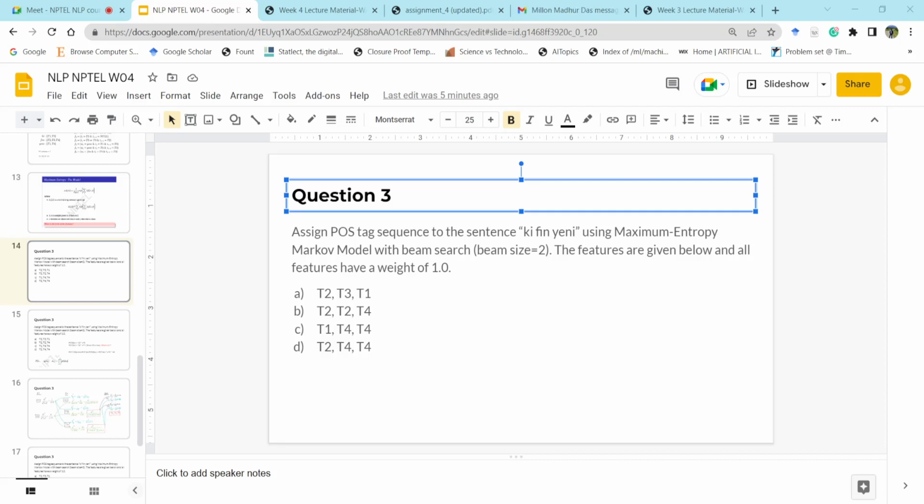Okay, now let us try to solve it. Let us see what we know. This is the form.